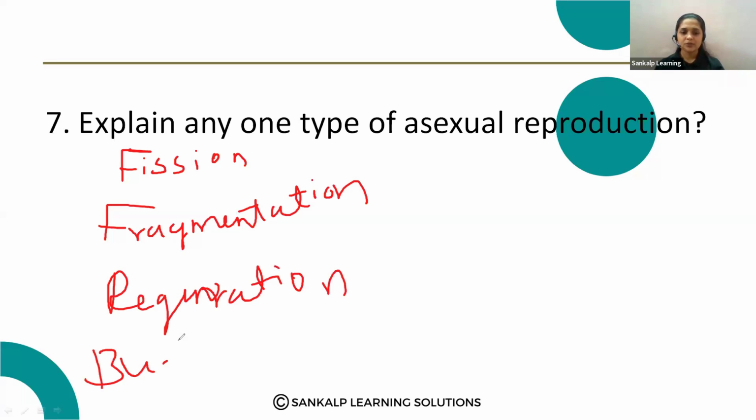So there are many methods: vegetative propagation, fragmentation, and spore formation. These are all the different types of asexual reproduction. Here any one type is asked. Okay, any one type of asexual reproduction you have to explain for the 2-mark question.